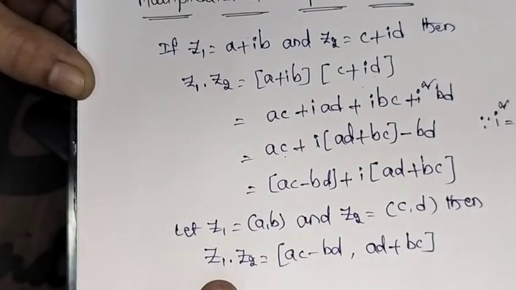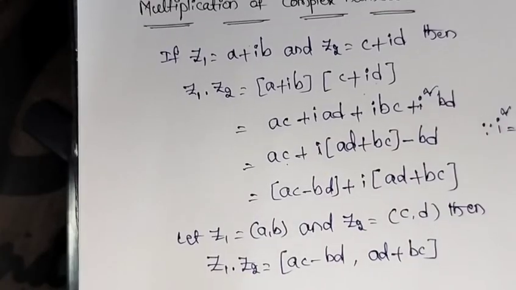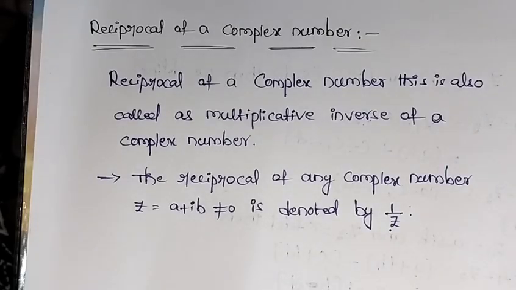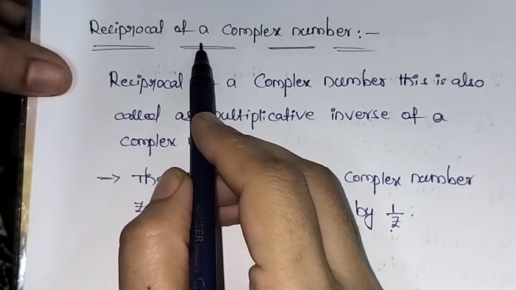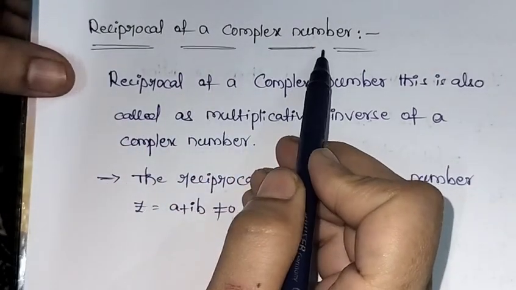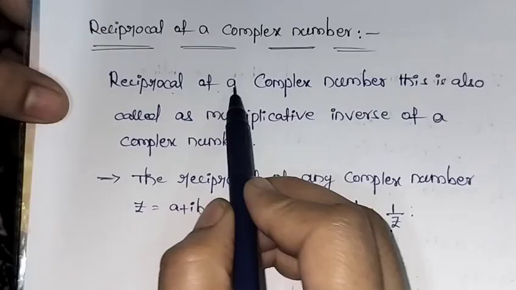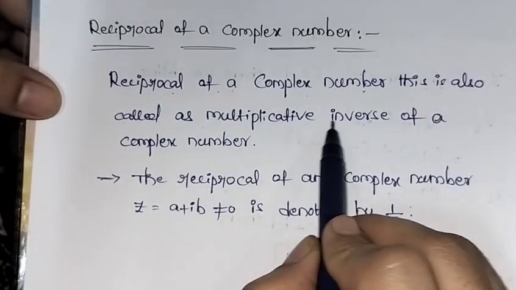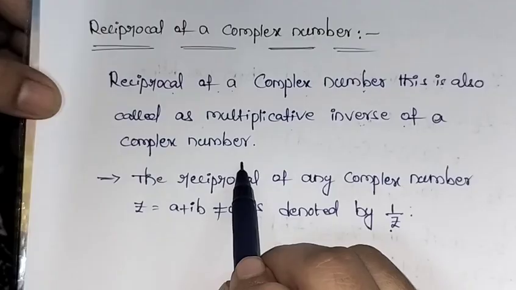This is multiplication of complex numbers. Okay, see the next definition. Reciprocal of a complex number. This is also called the multiplicative inverse of a complex number.